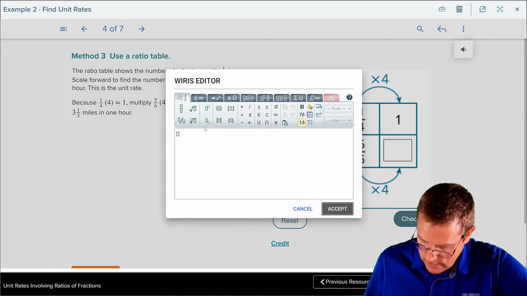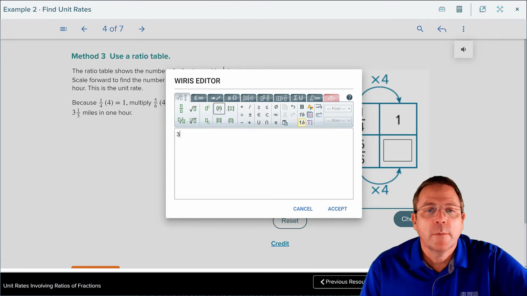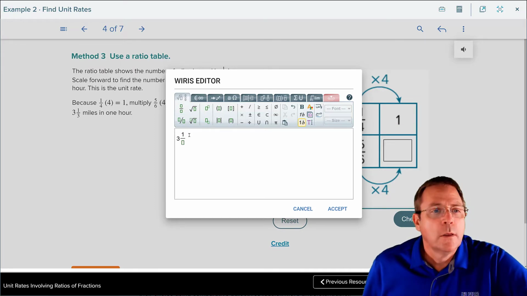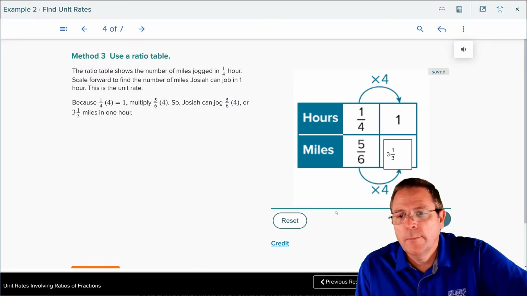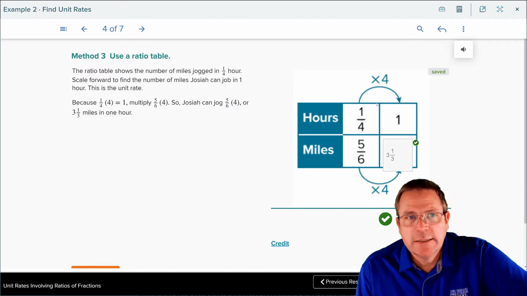You're going to plug in your 3, then the fraction 1/3. Hit the accept button and check our answer, and it did check. This is an example of using your ratio table.